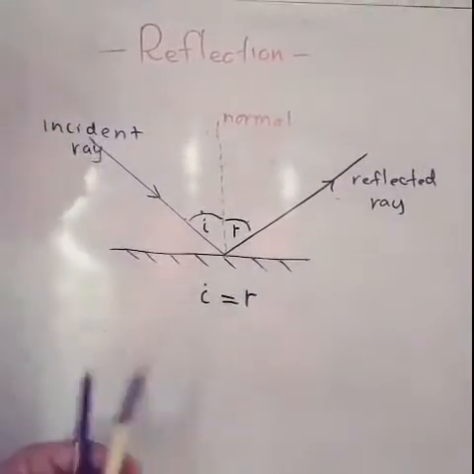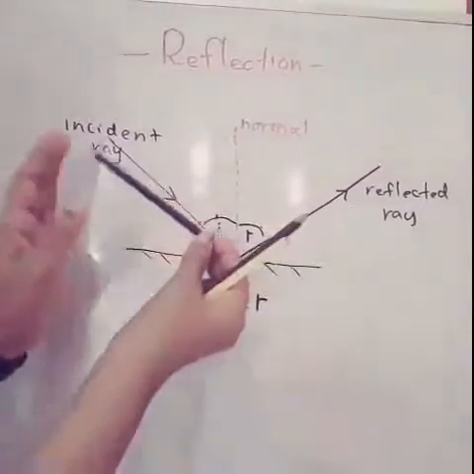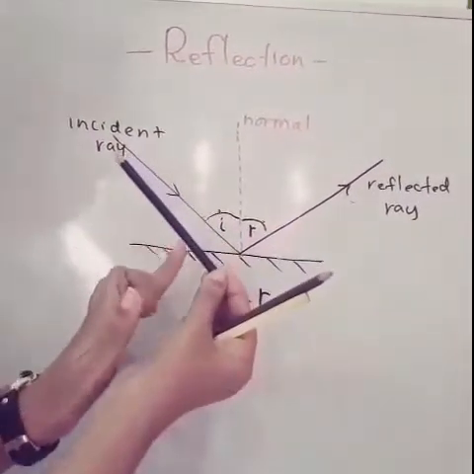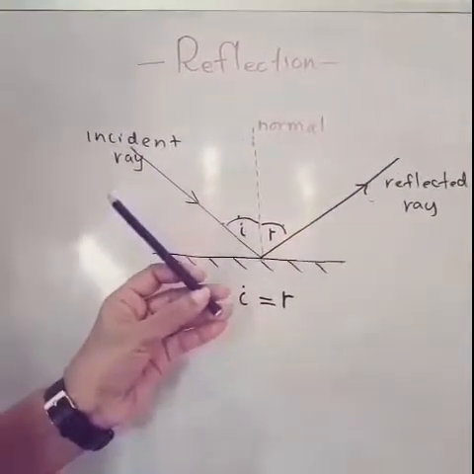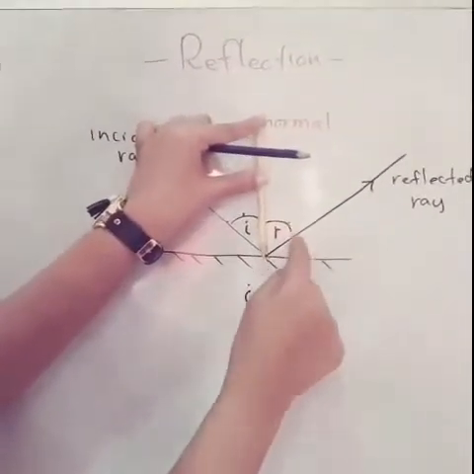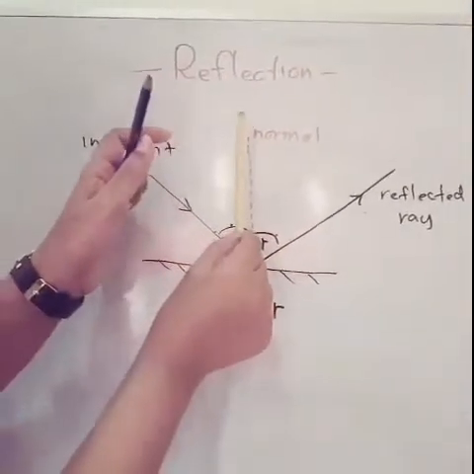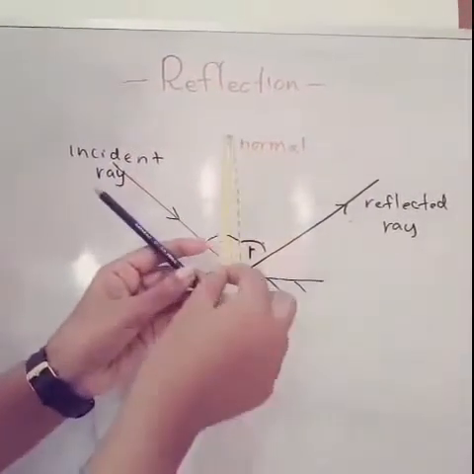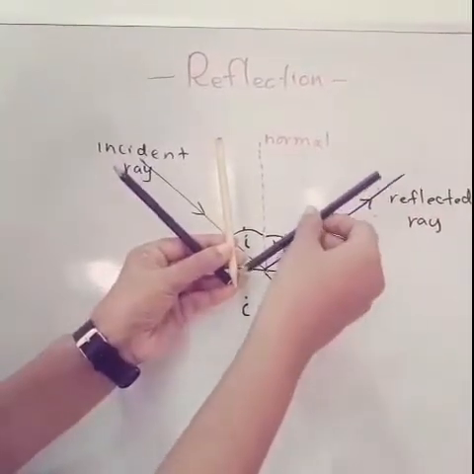The other requirement in the reflection is, if I take this pencil as the incident ray, and I can use this yellow color pencil as the normal. Normal is always 90 degrees to the surface. Therefore, it is perpendicular. So, incident ray, normal and the reflected ray by this pencil.